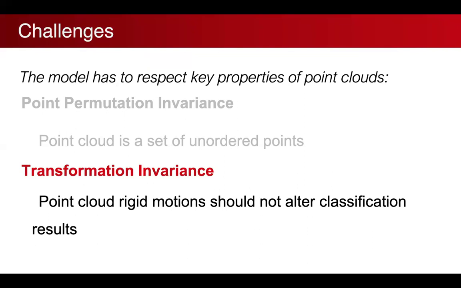So the point cloud should not alter its characteristics by rigid motions. This shouldn't change any result of the neural network, such as classification and other types of analysis. So we have to incorporate transformation invariance in the network.